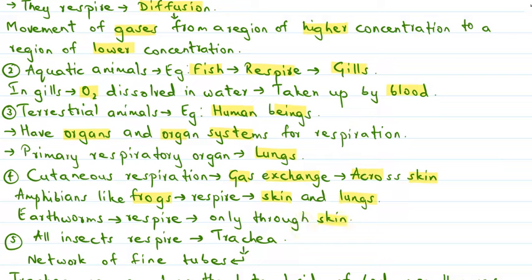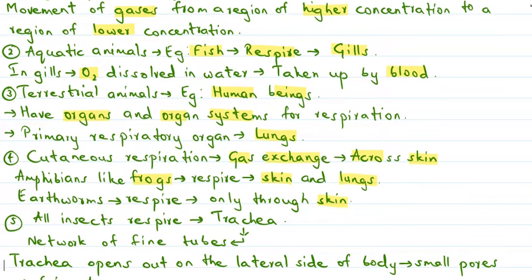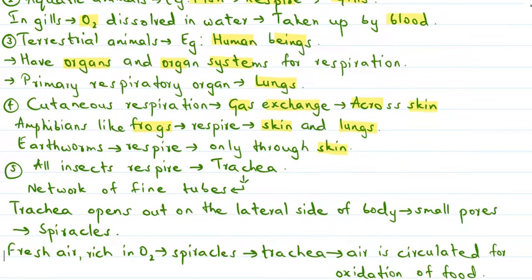Then we saw the case of insects. We studied that all the insects respire with the help of the trachea. So now what is trachea? Trachea is a network of fine tubes. So this trachea helps in supplying oxygen to each and every cell of insects. So these trachea further open out on the lateral side of the body of insects through small pores, and these are called spiracles.